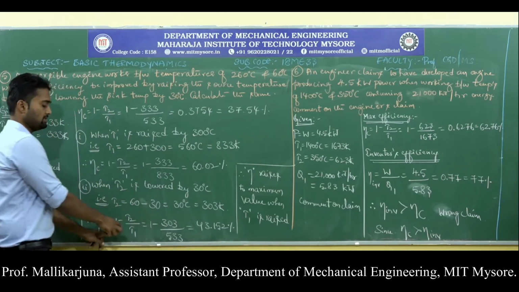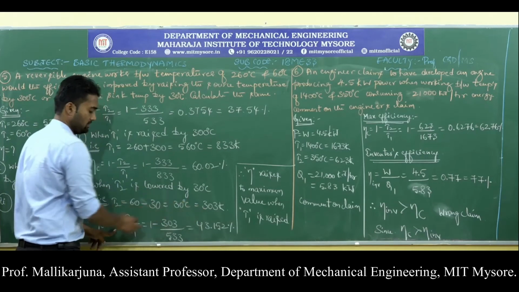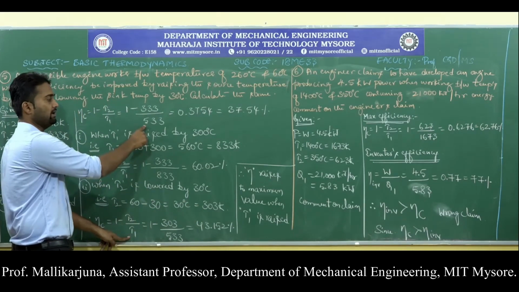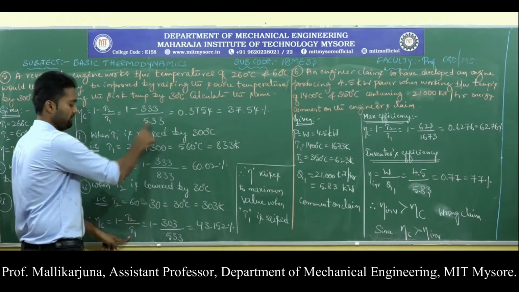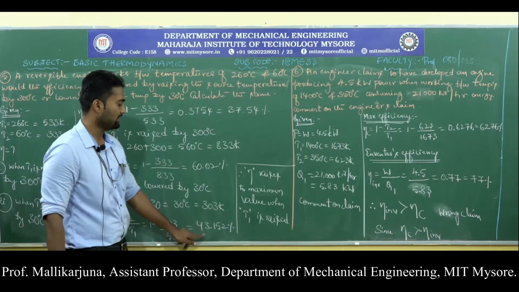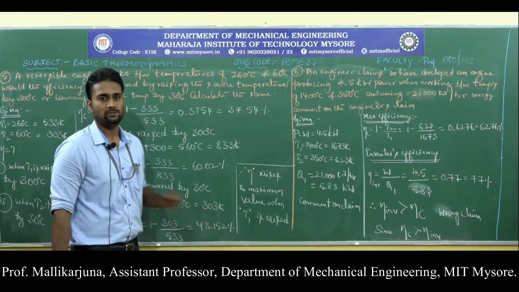Now, 1 minus T2, which is 303 Kelvin, I have written over here, divided by T1. What was the original T1? 533, not 833. Make sure the original T1 is 533. Upon evaluating this equation, I have got the efficiency as 43.152 percent.